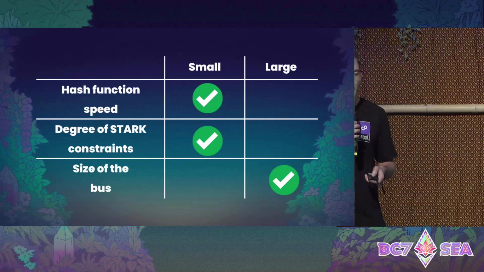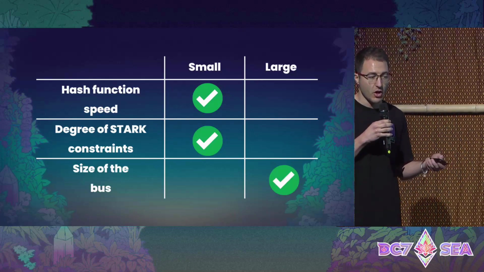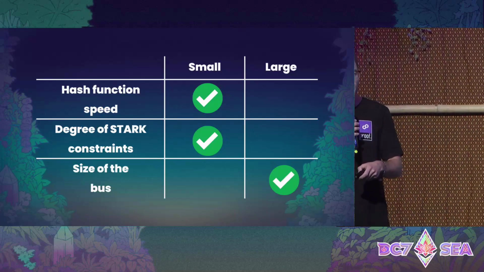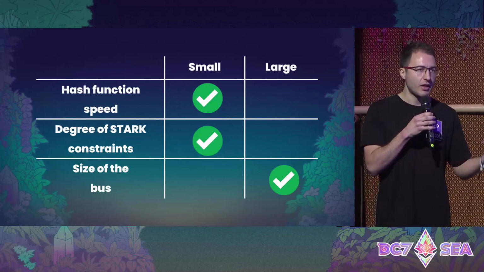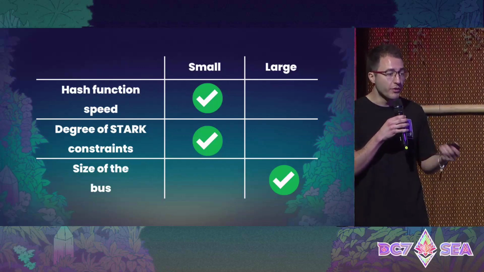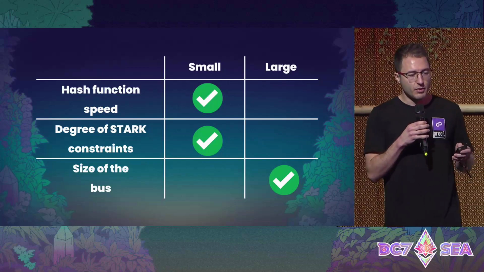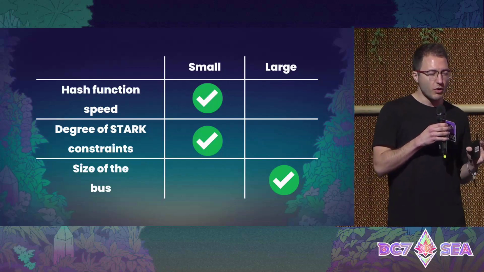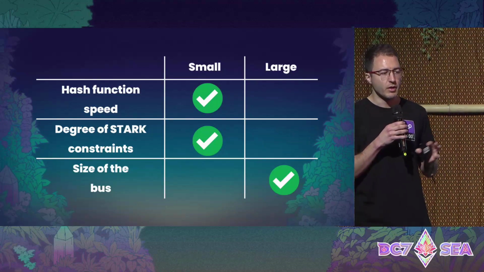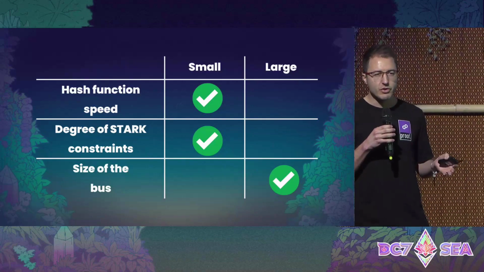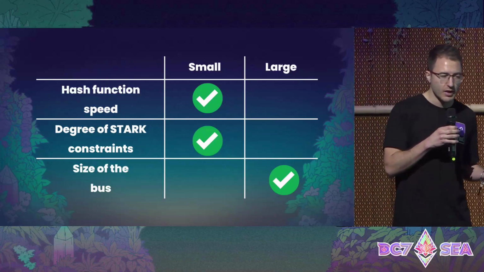Same intuition: a large bus is going to mean a lot of columns when you're proving it in STARKs, and a lot of prover work that you're removing when you're switching to GKR. So this is our rough mental model for when to use LogUp-GKR and when not to use it.